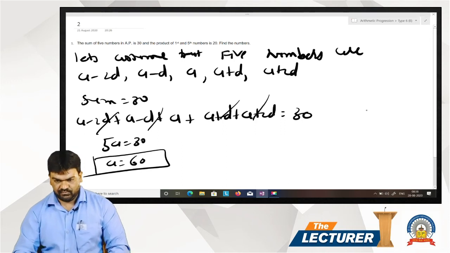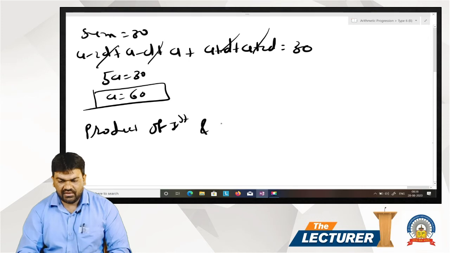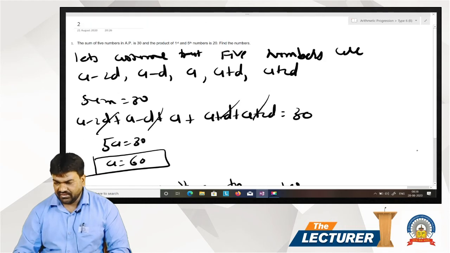Now the product of first and fifth number is 20.